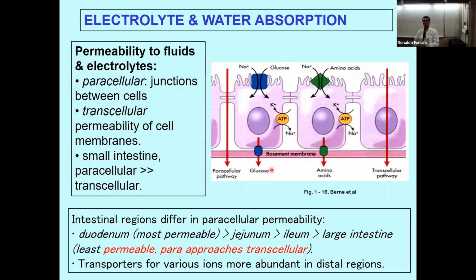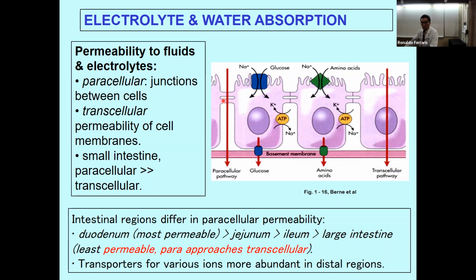Now, your intestinal regions differ markedly in paracellular permeability. So your most proximal region, the duodenum, is the most permeable. And then the next one in ranking is jejunum, then ileum, and the least permeable is the large intestine.